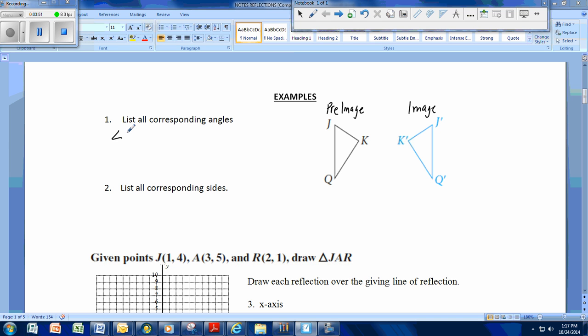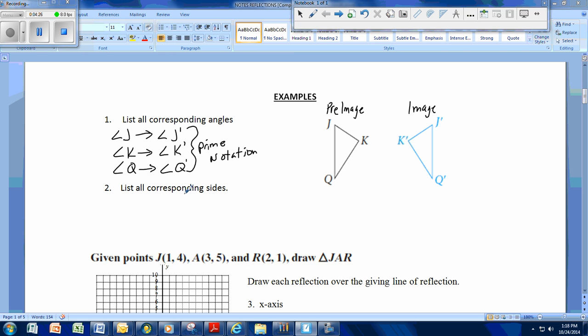Angle J mapped onto angle J prime. Angle K transformed to angle K prime. And angle Q changed to angle Q prime. This is called prime notation.